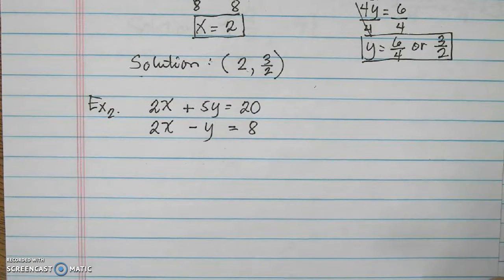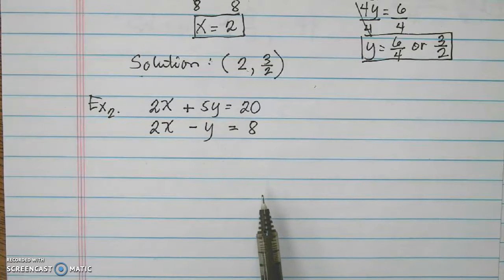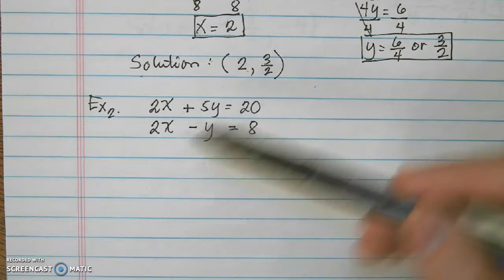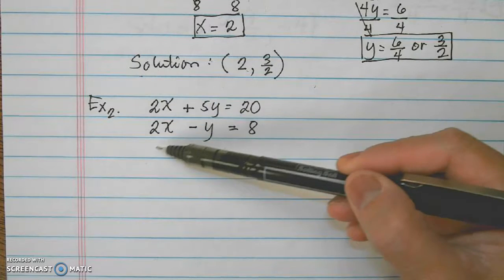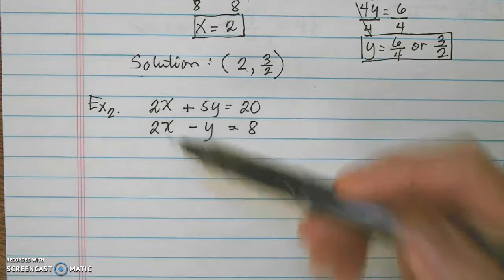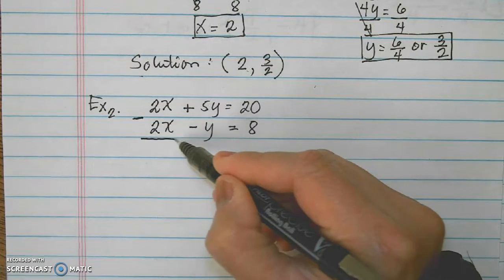Okay, so example number 2: 2x plus 5y equals 20, 2x minus y equals 8. Again, our method is by elimination. Looking at the x and the y, I am thinking that the x is easier to eliminate, but this time, since the signs are the same, you're going to subtract. Subtracting these two will make it a 0.